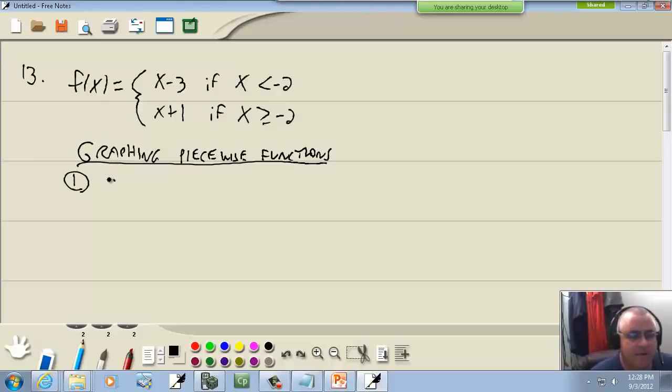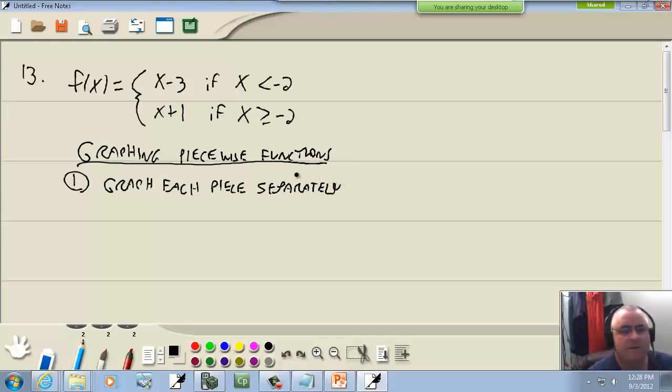Okay, our first step. Graph each piece separately. So graph each piece separately. So we got y is equal to x minus 3, and we got y is equal to x plus 1.